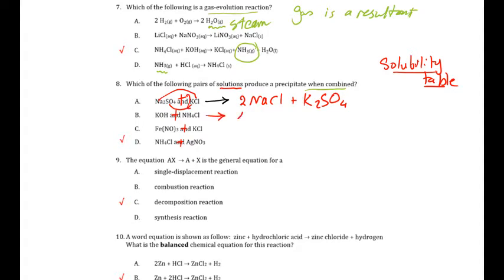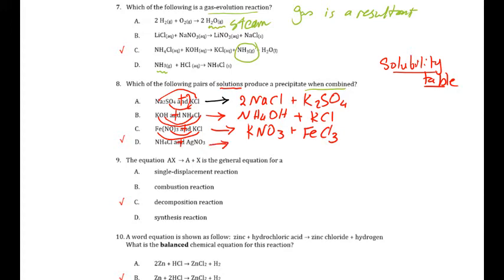This reaction will give NH4OH and KCl. Third reaction will give KNO3 plus FeCl3.